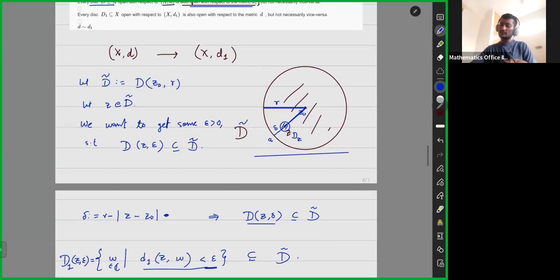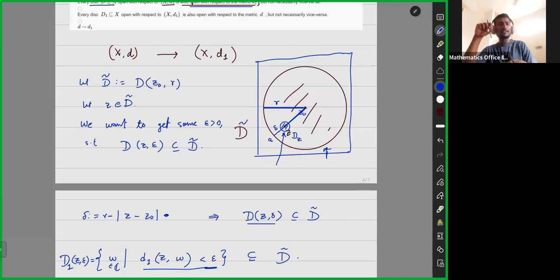First we consider a ball with respect to D, the first metric, and to show it is open, we pick any point Z in it, and we should get a D1 ball around it which should completely lie inside the bigger ball.